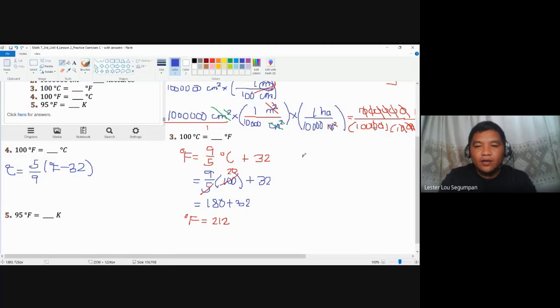So Kelvin scale is equivalent to 35, no more degrees rather, 35 plus 273.15 is actually equivalent to 308.15 in Kelvin scale. So this is actually the process of converting temperature units to the other. We don't need to use the conversion factors. We actually use formulas to do that.